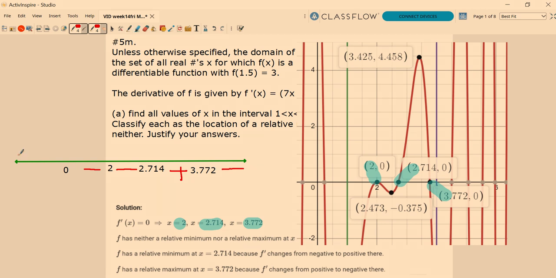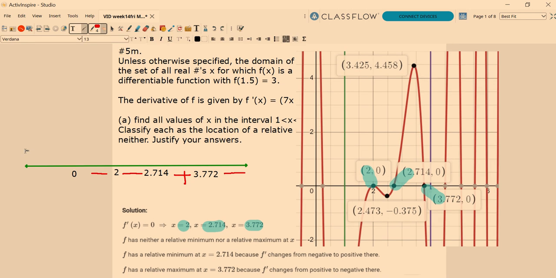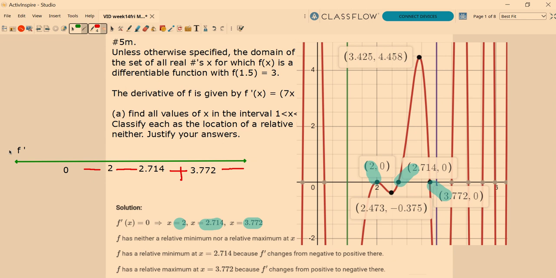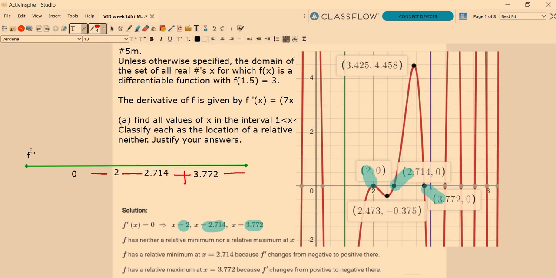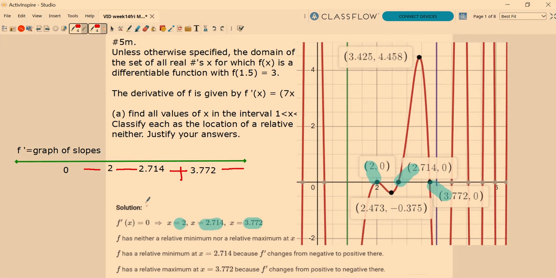And so remember, this is your number line for your first derivative, f prime. f prime is your graph of slopes. So when your slopes change from negative to positive, you have a minimum.